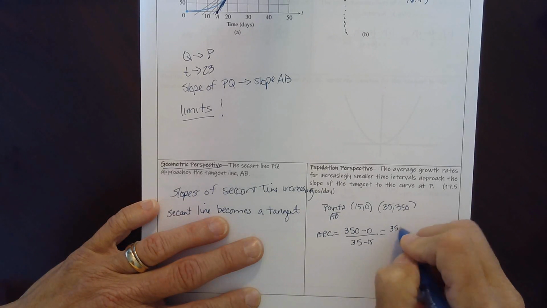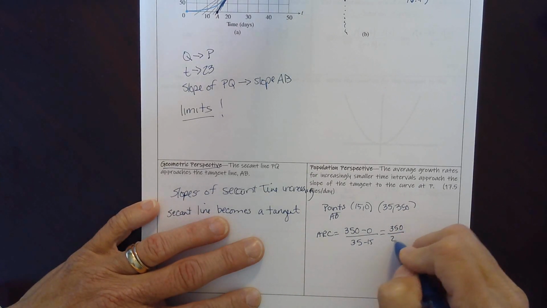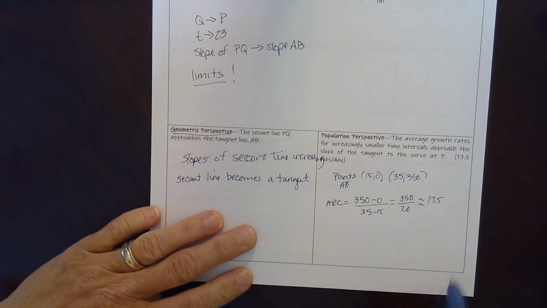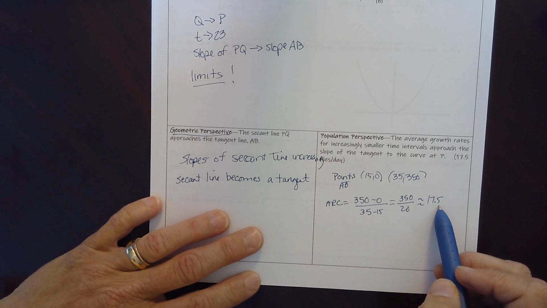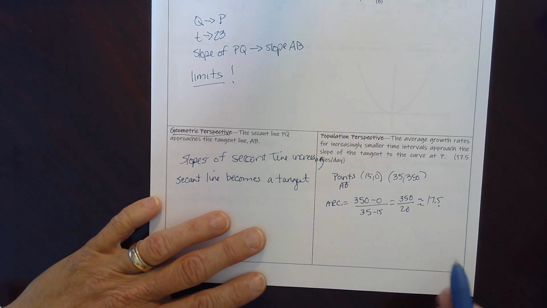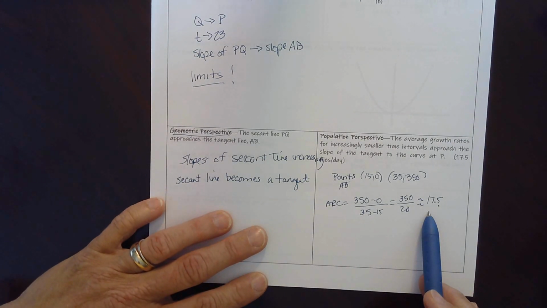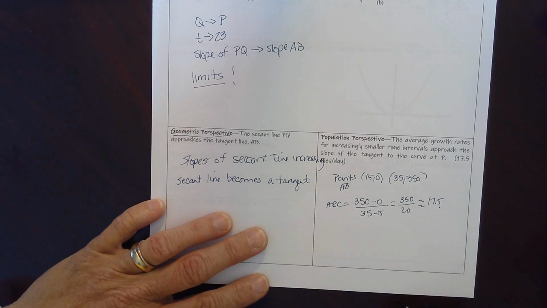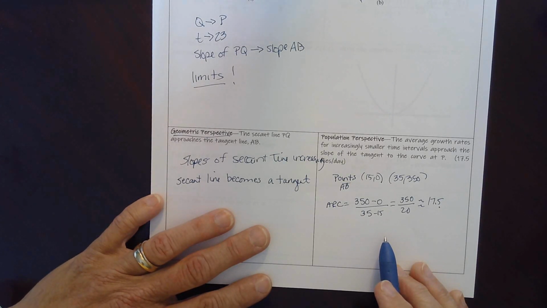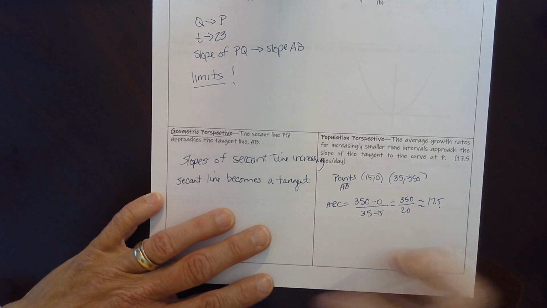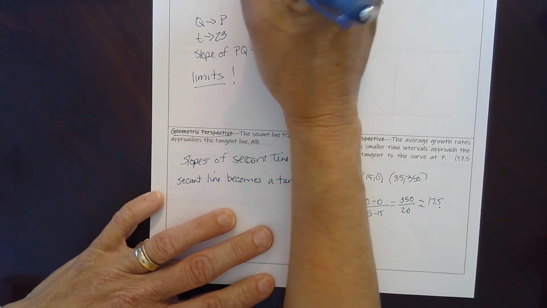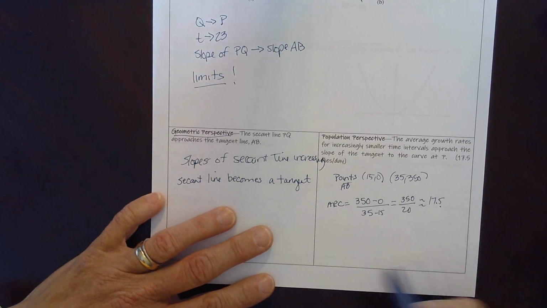That equals 350 divided by 20, which turns out to be 17.5. So this 17.5 is the slope of the tangent line, and it's that value that we would take as the rate at which the population is growing on day 15. So, no, on day 23, excuse me, because we're using this line for the point at day 23.